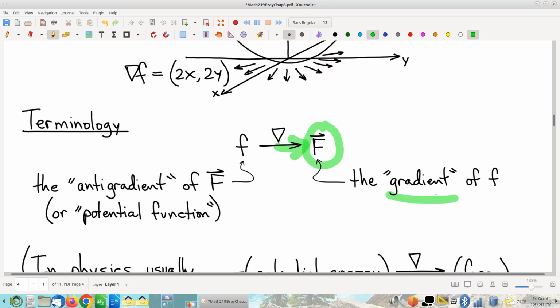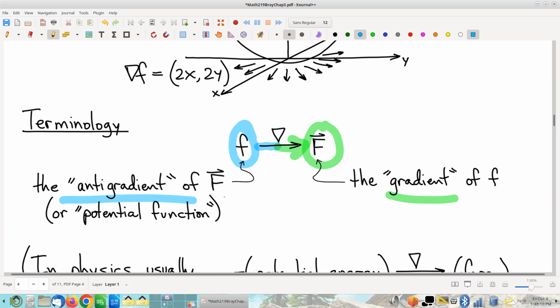It's a silly observation. What could be more clear? That said, how would I describe this thing? Well, this is the thing that when I take the gradient of it, I get capital F. Or said differently, shouldn't I call little f the anti-gradient of big F? That is my favorite choice of words here for how to describe this function f.